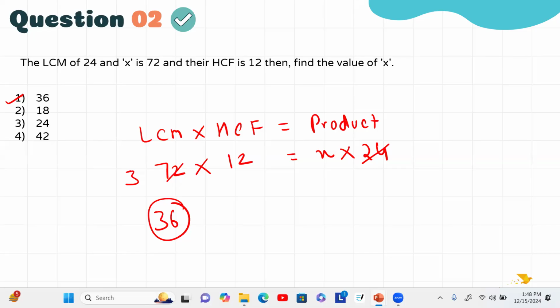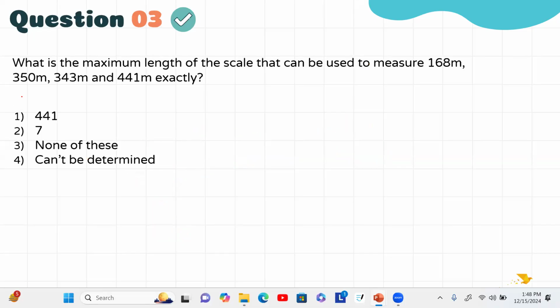Right? Pretty simple, straightforward. Now let's do some word problems. Try this.